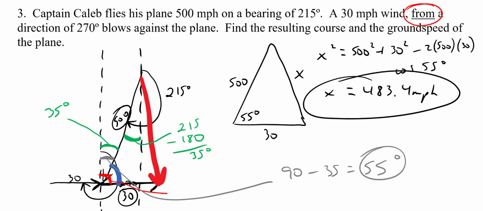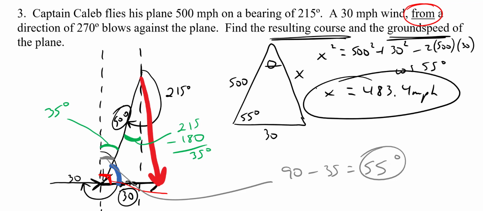Pretty sweet. Now I need to figure out the resulting course. That was my ground speed. I need to figure out the course. Well, I'm always looking for this theta right here because I want to see how much that wind is pushing it off course. So I'm kind of running a little bit out of room here, but I'll do it right here in the corner. I'm going to use law of sines.